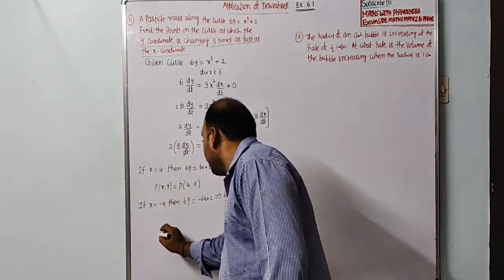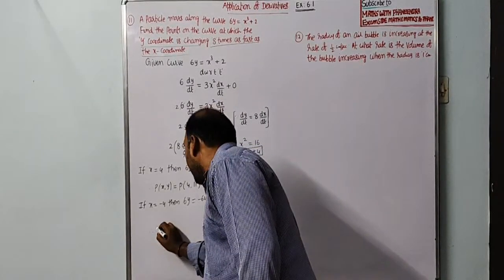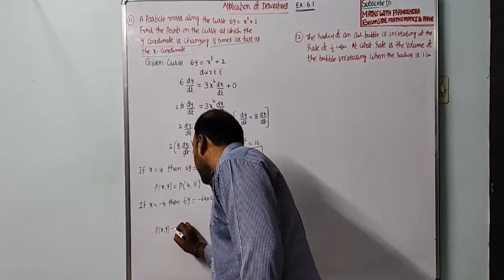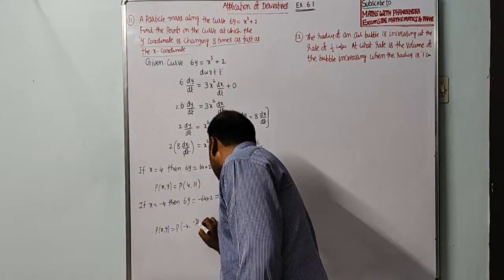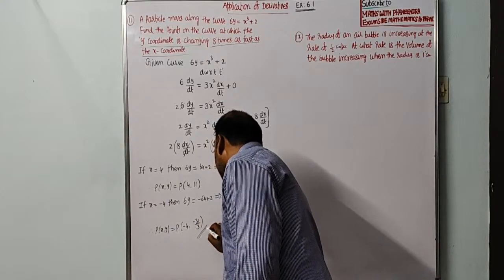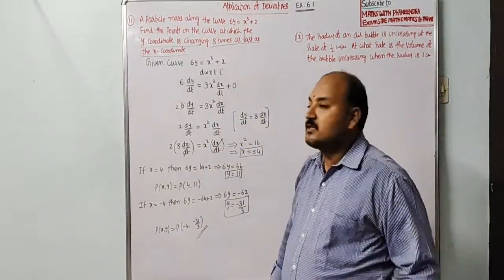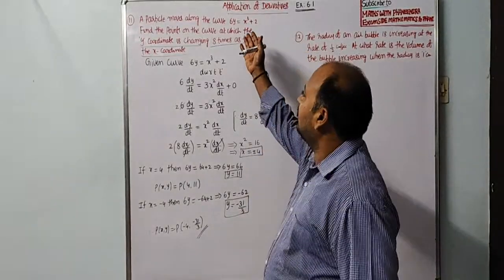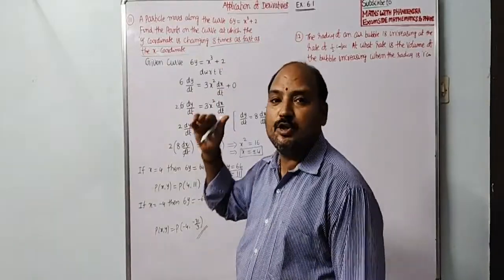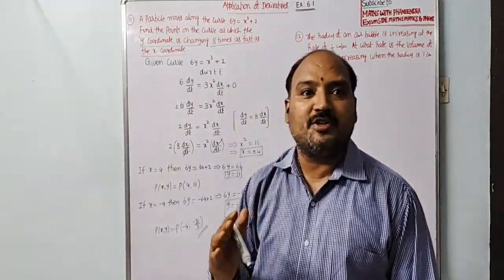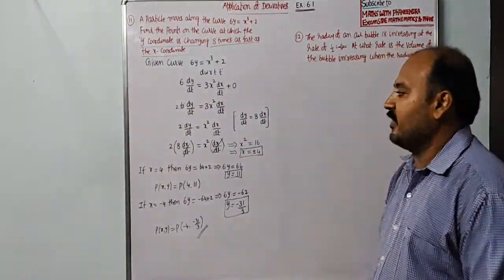Therefore, P of x comma y is equal to P of minus 4 comma minus 31 by 3. These are the 2 points which are lying on the given curve 6y equal to x cube plus 2. I hope you understand it, students. We'll move on to another question here.